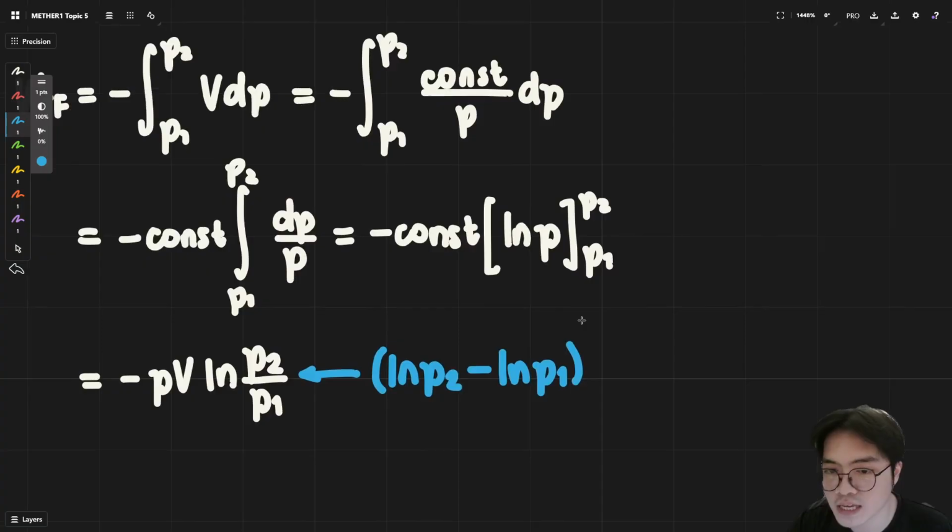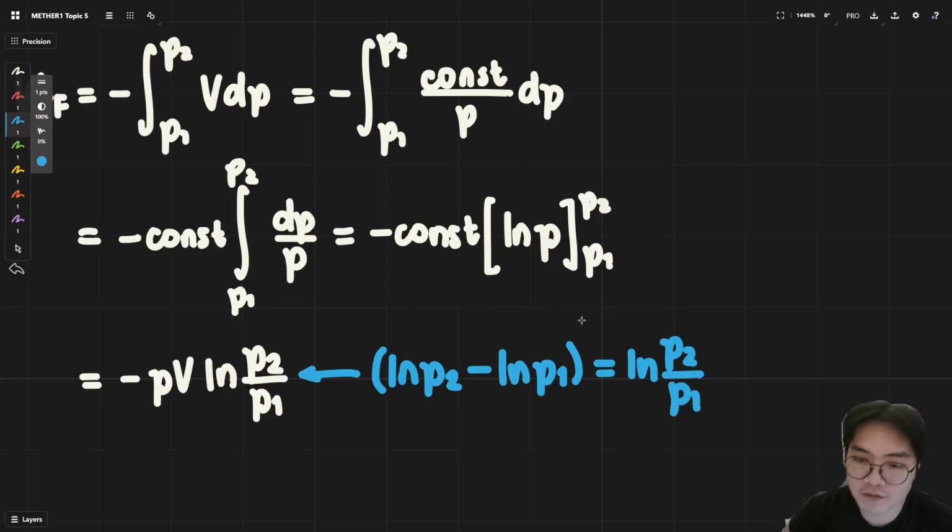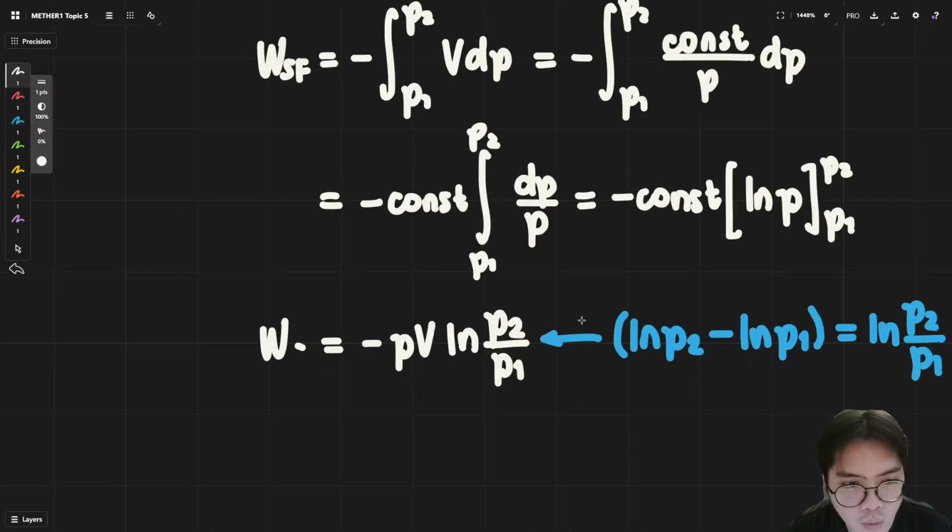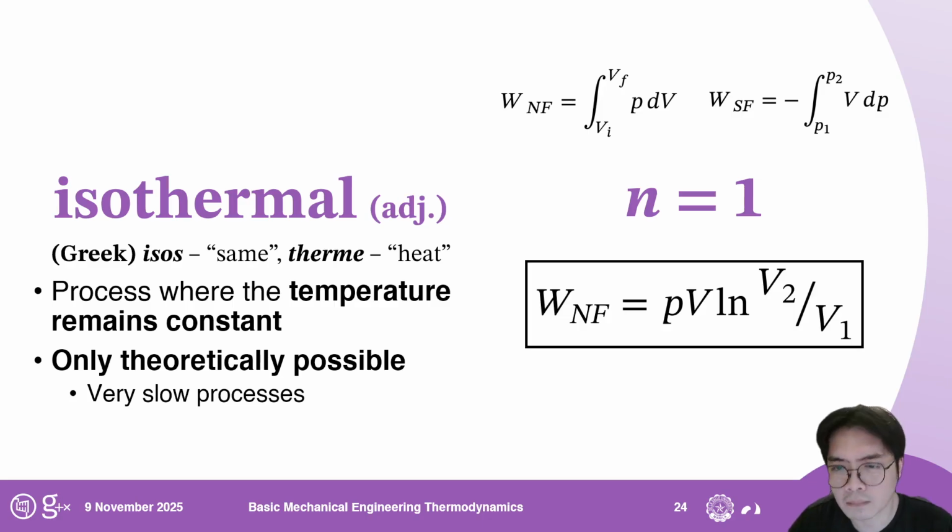And because of the laws of logarithms, you can just pile them up like this: ln of A minus ln of B is equal to ln of A over B. So this is now our formula for the work steady flow of an isothermal process: negative PV times ln of P2 over P1.